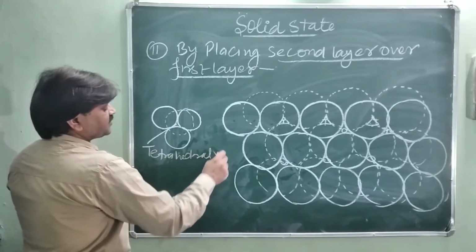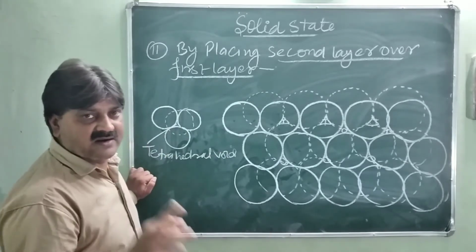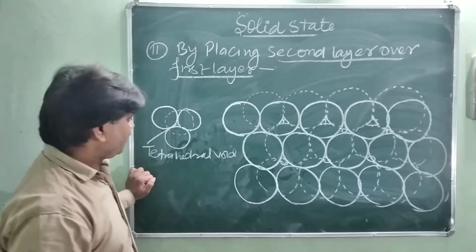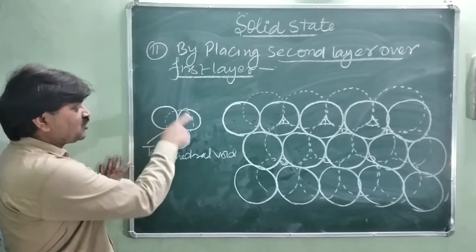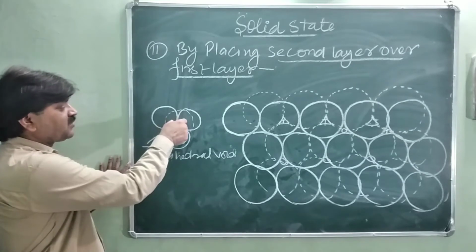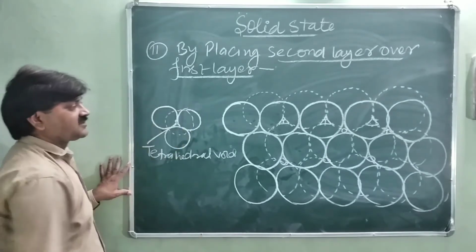So there are two types of void created by placing the second layer over the first layer, tetrahedral void and the octahedral void. The tetrahedral void is created when the vacancy is between the 4 atoms, 3 just below and 1 above, and this vacancy is called the tetrahedral void.